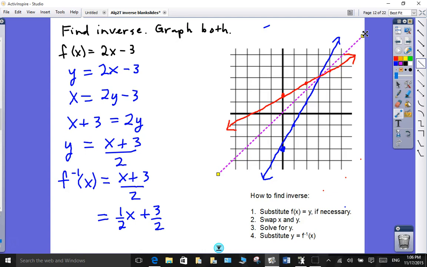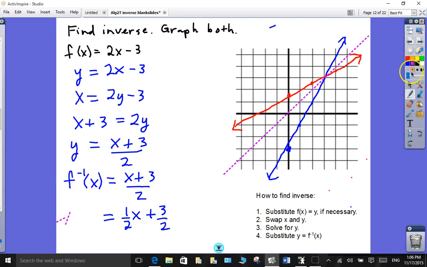All right, this is the f minus 1. And this is the f. And this is the y equals x.